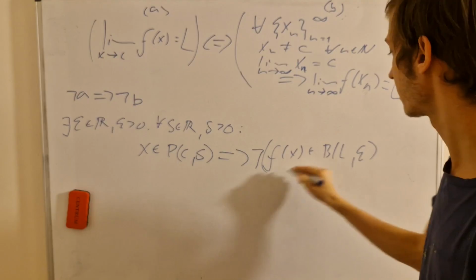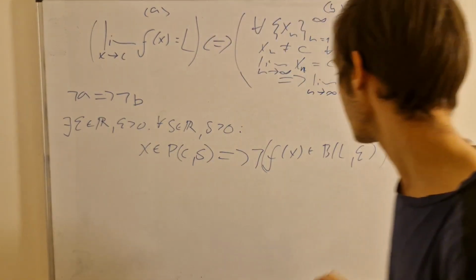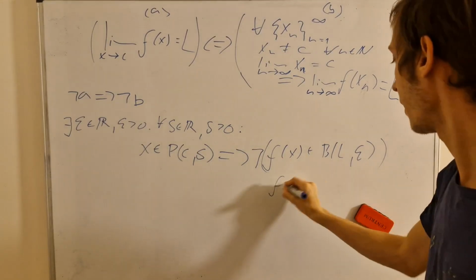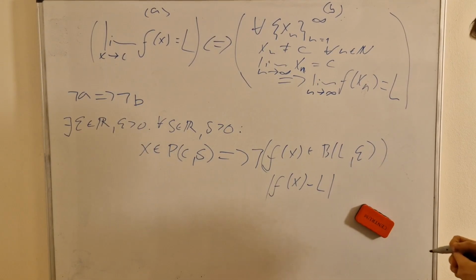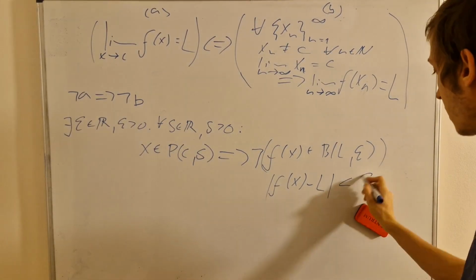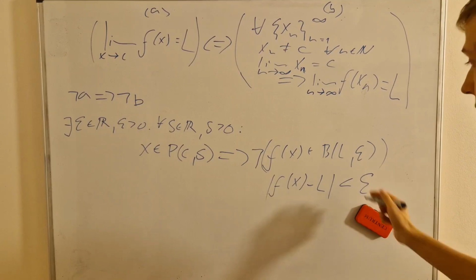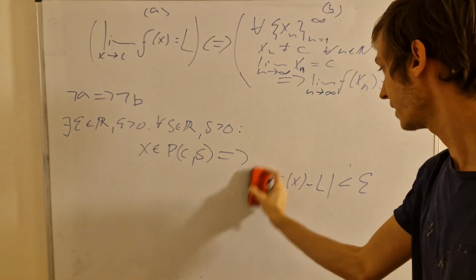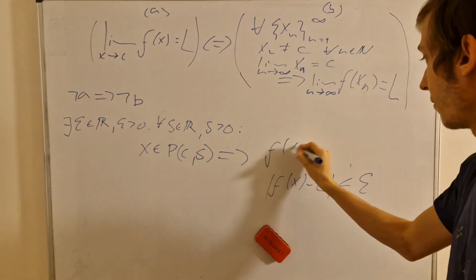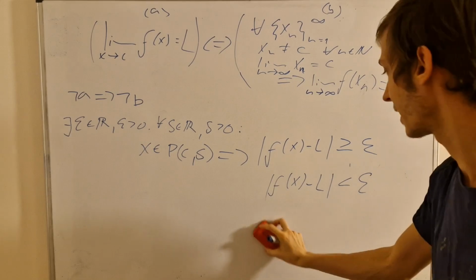So we can either say it like this, or alternatively this means that the absolute value of f of x minus L, the limit value, is more than epsilon. But if you want to negate it, we can say the following. We're negating statement A, so the difference f of x minus L should be higher or equal than epsilon. That could be a negation for that.